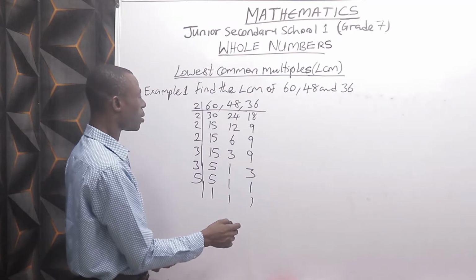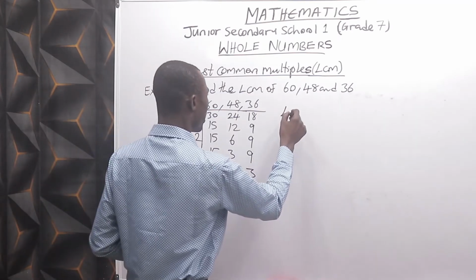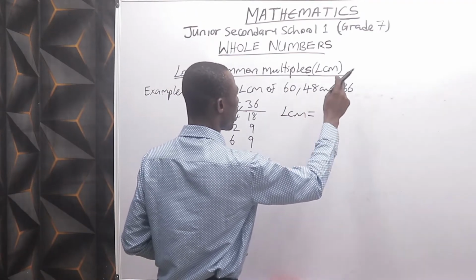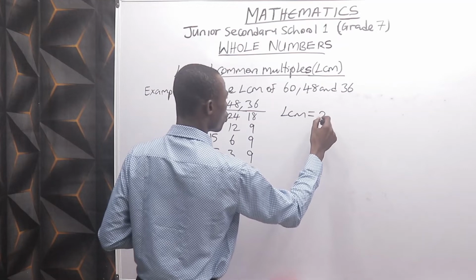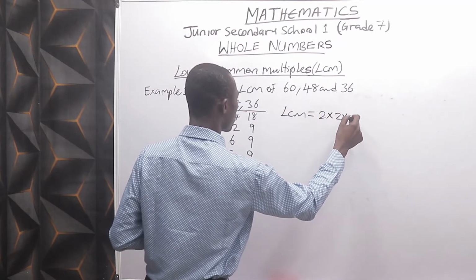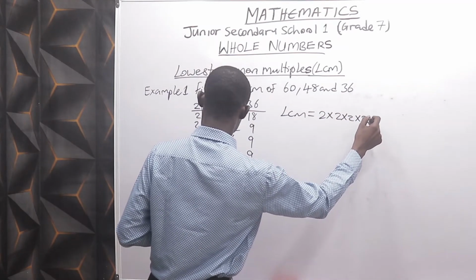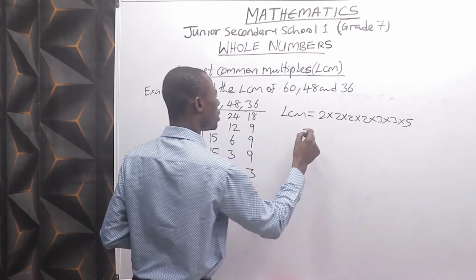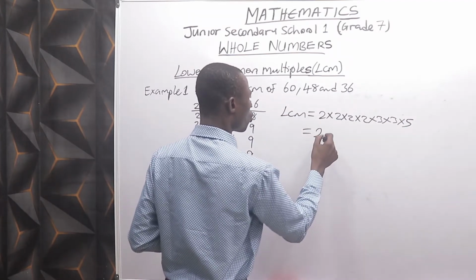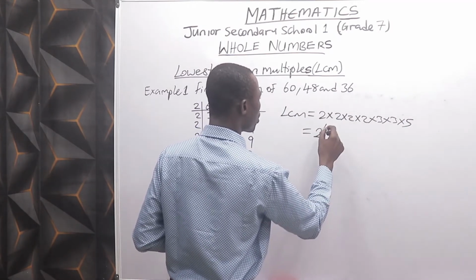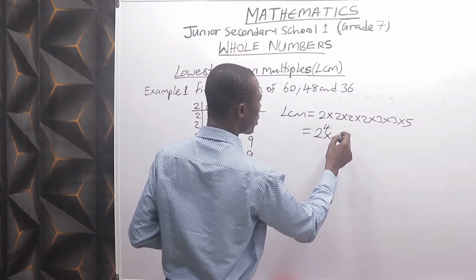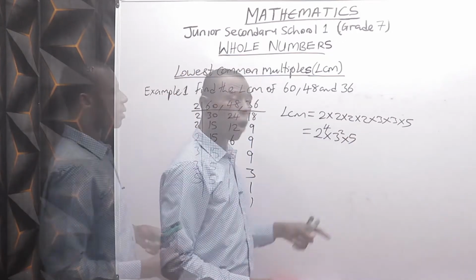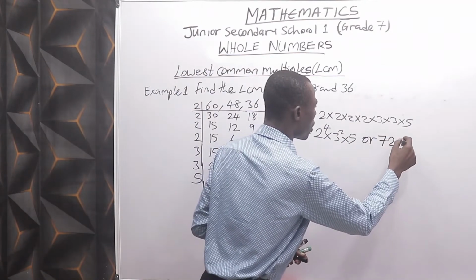Then, repeat this 1. We see LCM, therefore, of 60, 48, and 36 is 2 times 2 times 2 times 2 times 3 times 3 times 5, which could be written in index form as 2 raised to power 1, 2, 3, 4, 2 raised to power 4 times 3 raised to power 2 times 5, or 720.